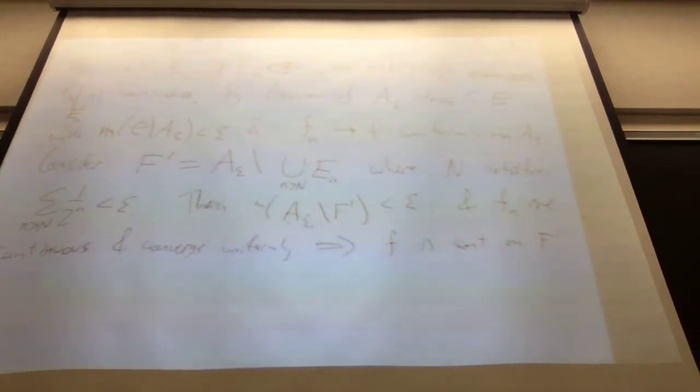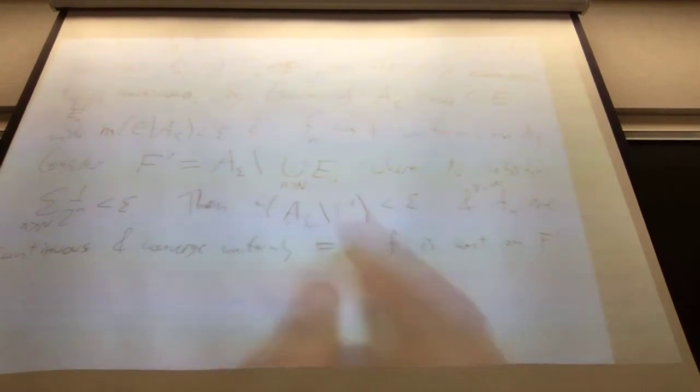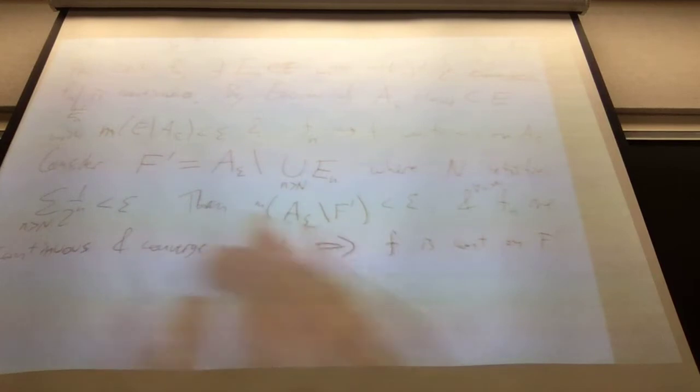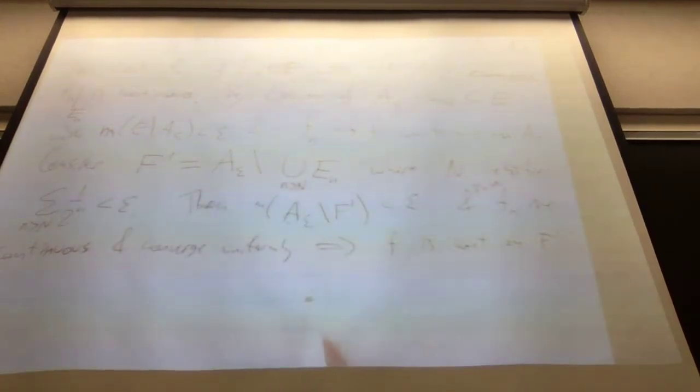Pretty easy. All right. So again, for all n bigger than N, the fn's are continuous because we've taken away the place where they're not continuous, and they converge uniformly by construction.